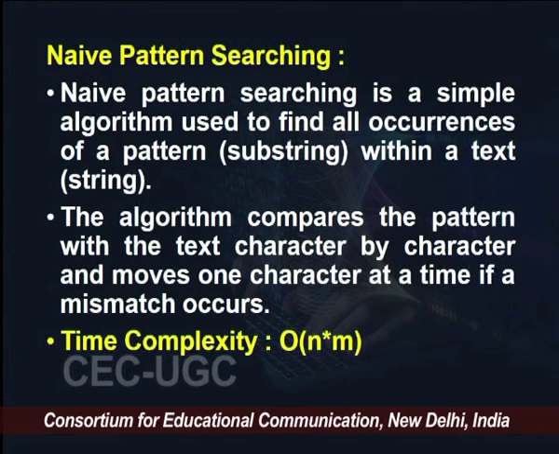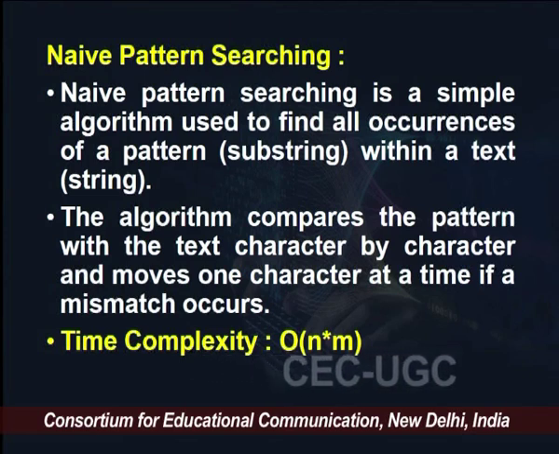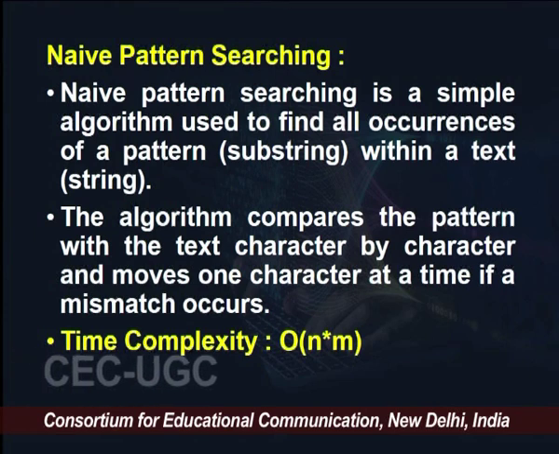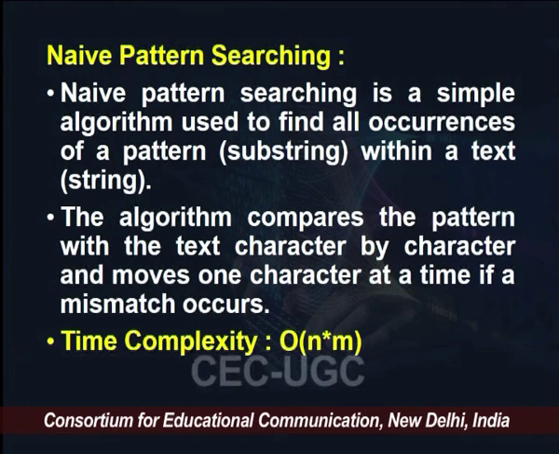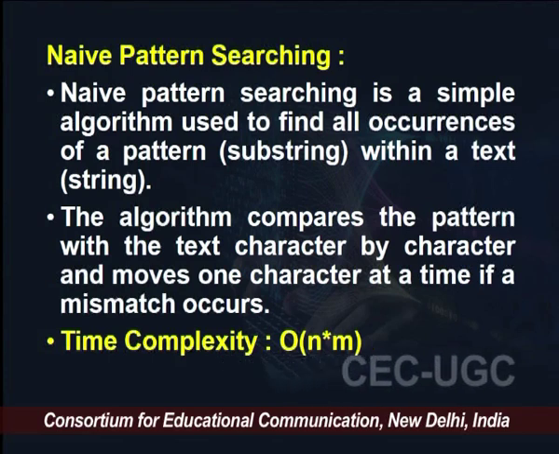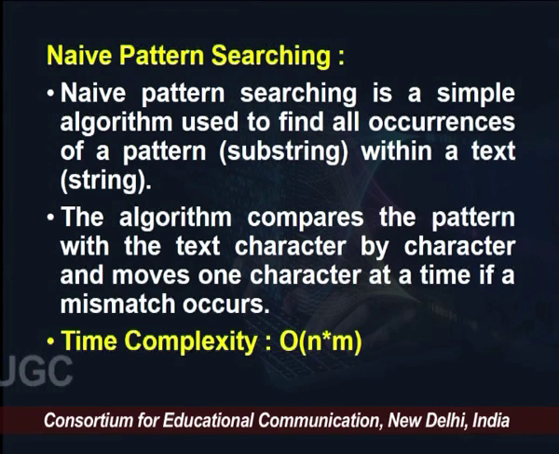So we can say that we are looking for a substring within the string, or a pattern within a text. This algorithm compares the pattern with the text character by character. We will be taking an example soon, and it moves one character at a time if a mismatch occurs.